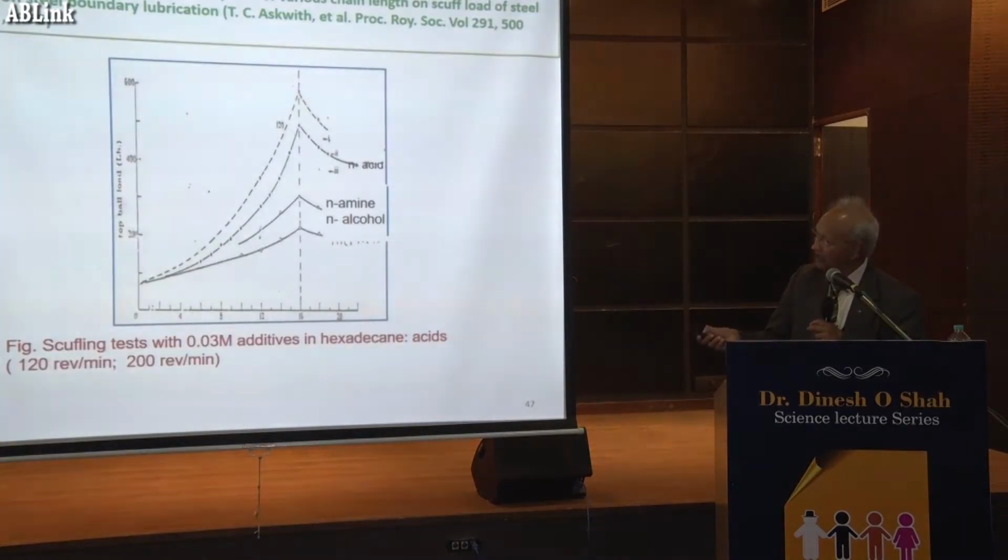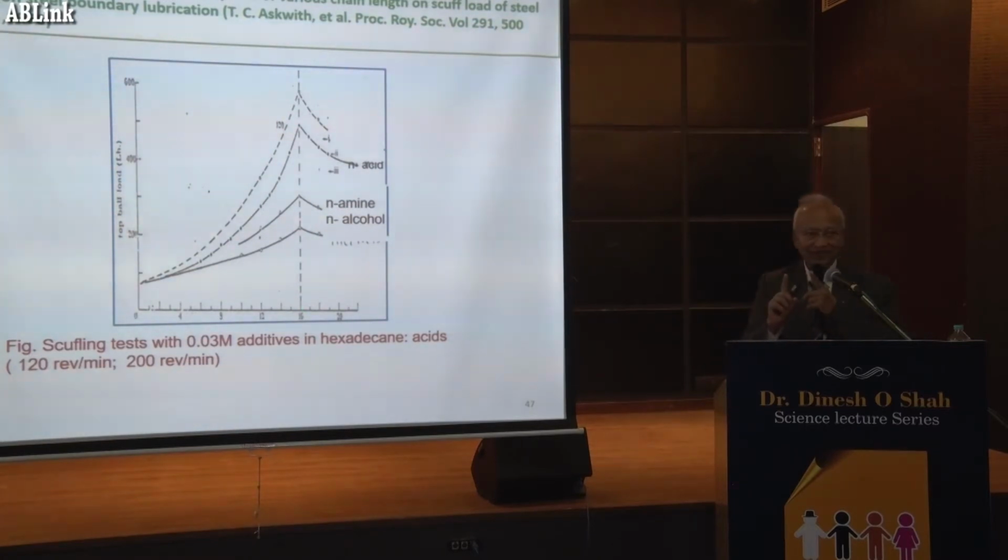That you see this 16, the oil was 16 carbon chain length, and when we put different chain length fatty acid, you have the highest scuff load at C16 fatty acid. So when chain length of that fatty acid and chain length of oil are identical, you have the most stable film, and hence you have the best lubrication. You had to go to very high scuff load to remove those bound molecules. Okay.